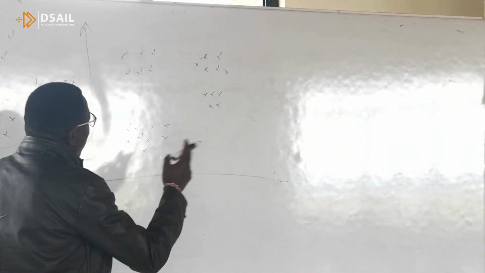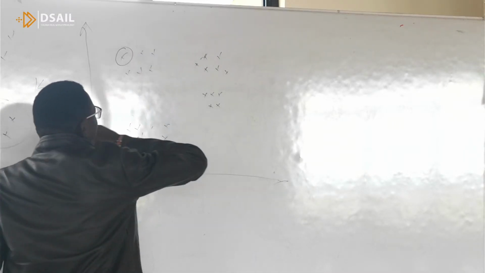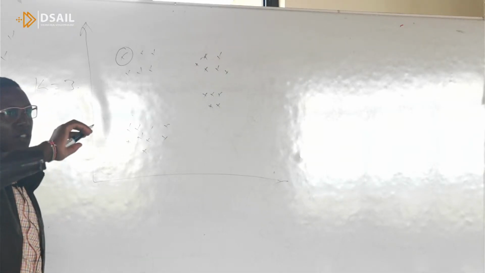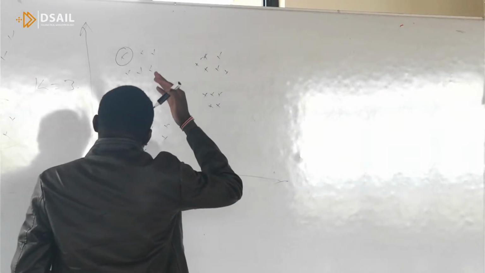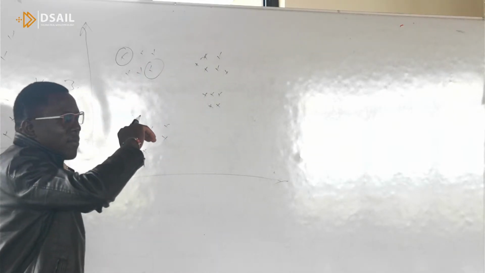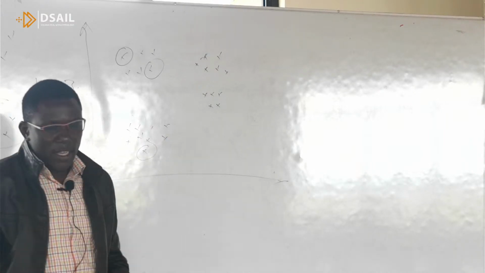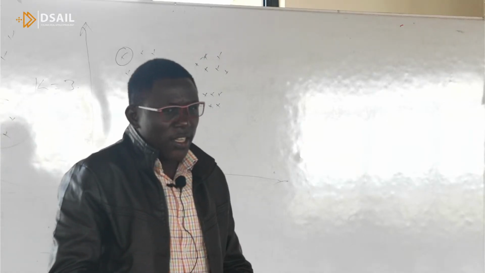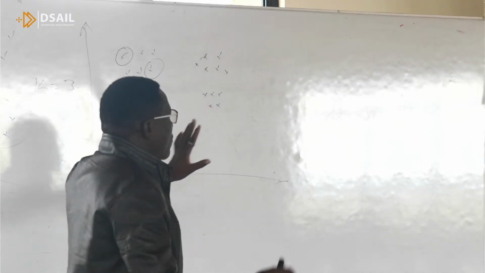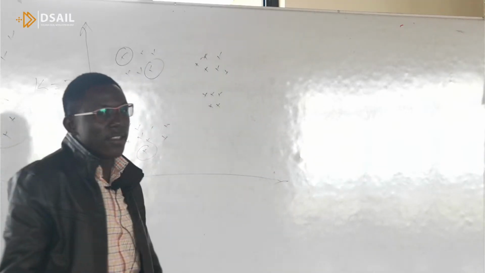From your data points, you may end up having this as your first choice of centroid, this as another one, and this as another centroid. When you are doing it randomly, you are just randomly choosing before you run the model. So you may end up having a scenario like this.